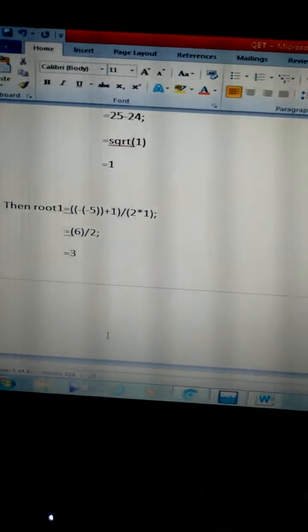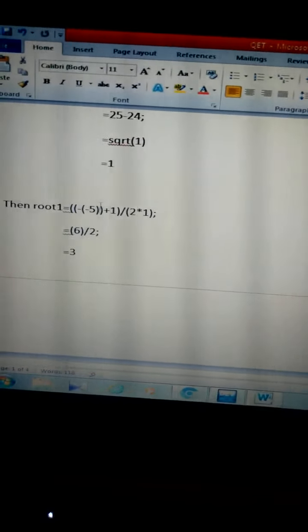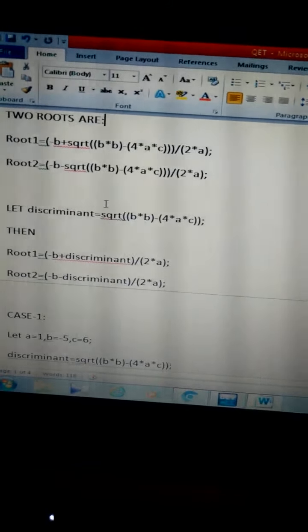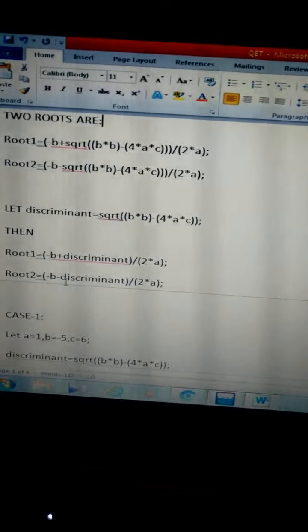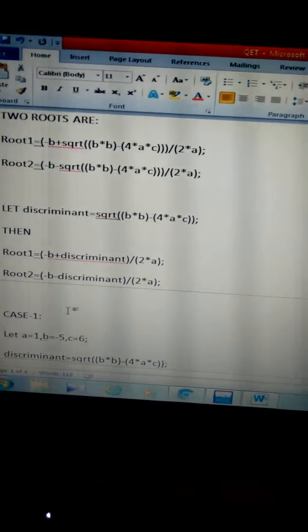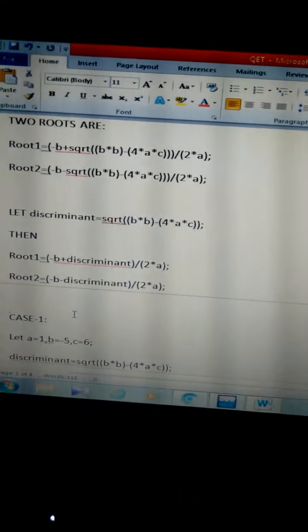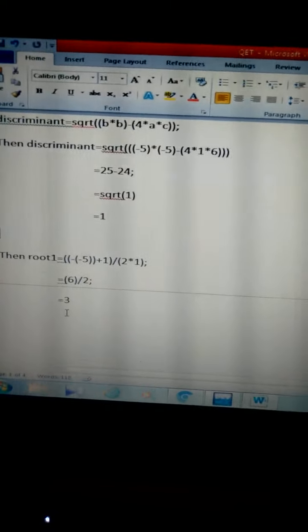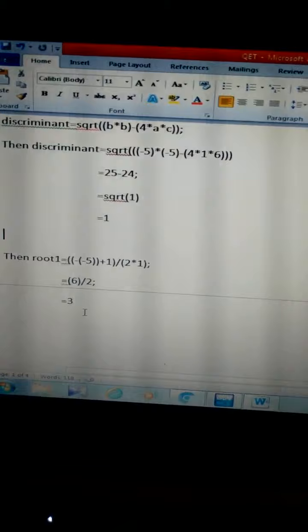Then by substituting the discriminant value in the formulas above, in root 1 and root 2, substituting the b values, a values and discriminant values, we get root 1 is equal to 3.